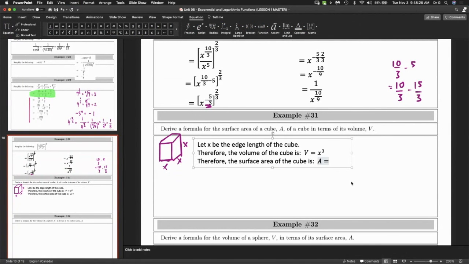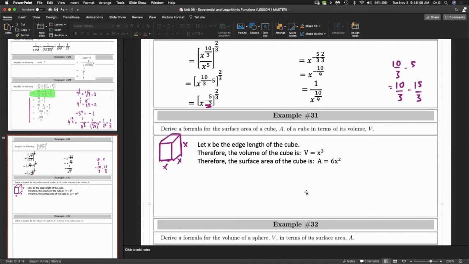A little trickier. Well, how many faces does a cube have? How many sides? 6. Thank you, Shaq. Well done. 6x squared.